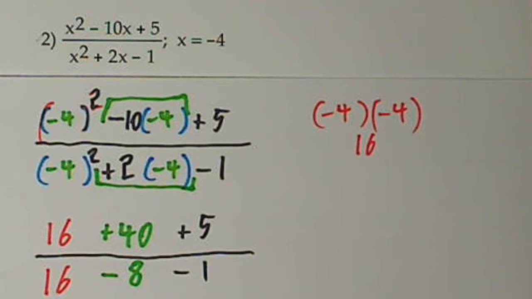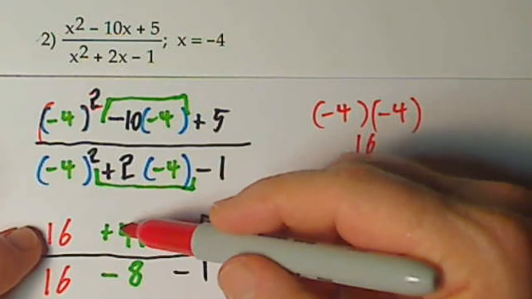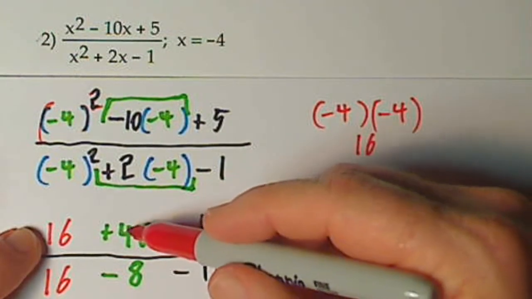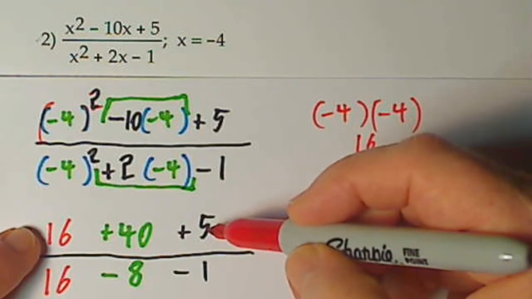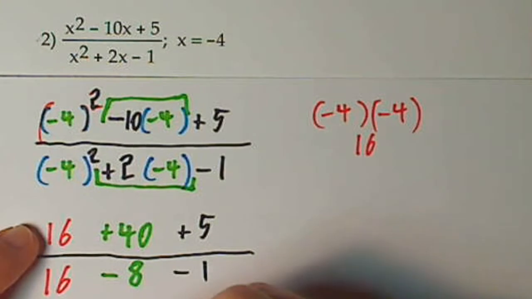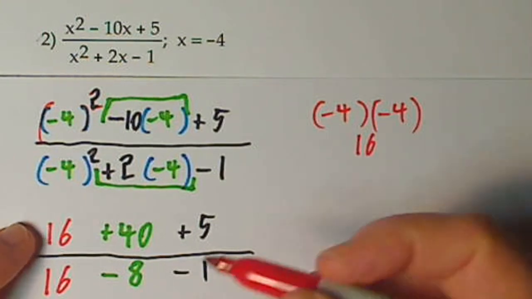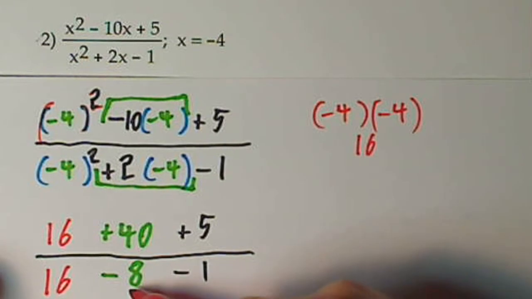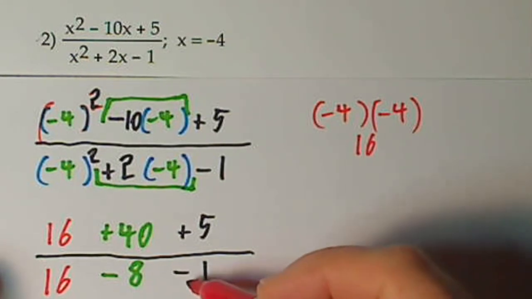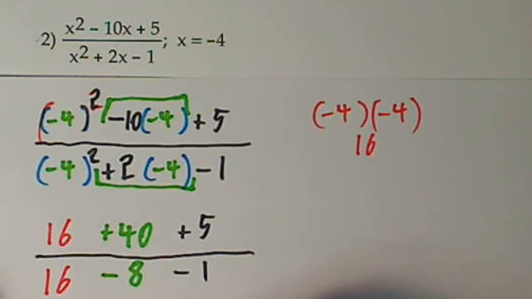Okay, and now, cleaning up what we have up top, 16 and 40, that's 56, plus 5, 61. And on the bottom, the difference here would give us 8, and subtract 1 more gives us 7.